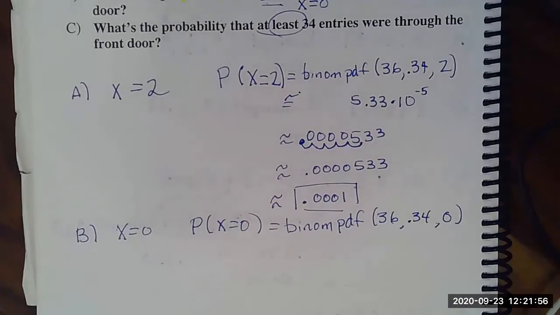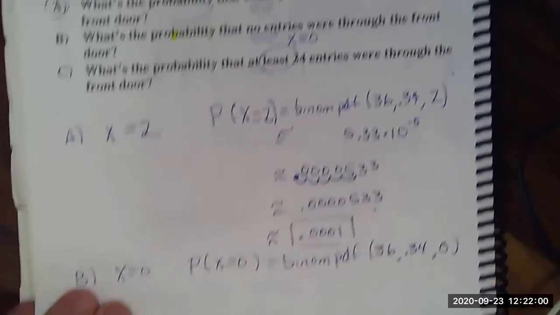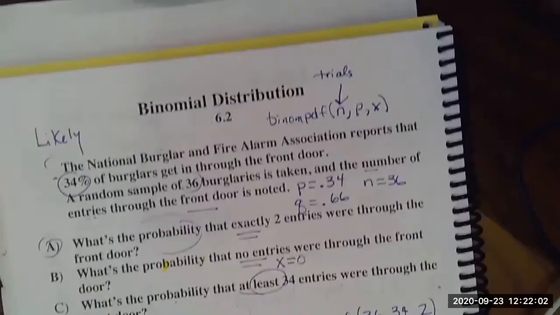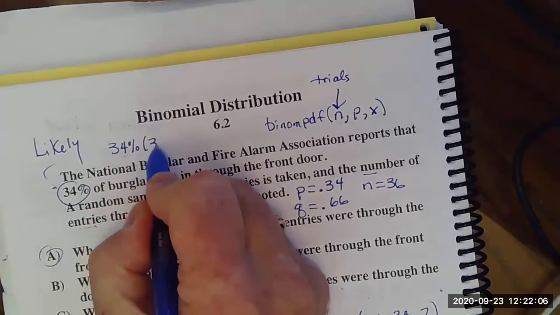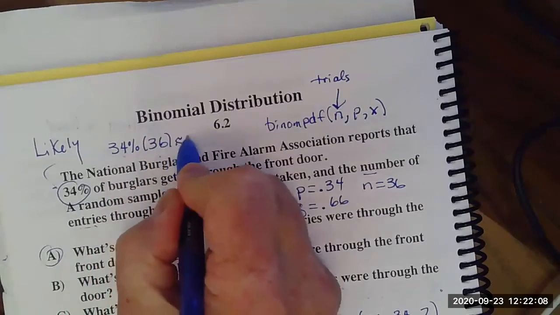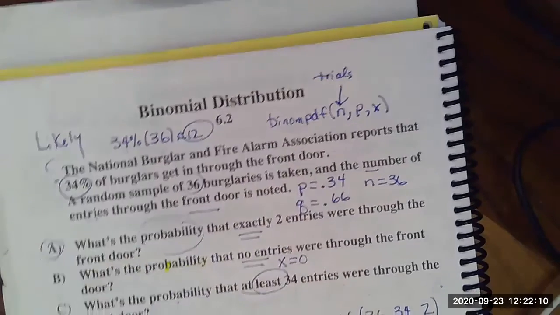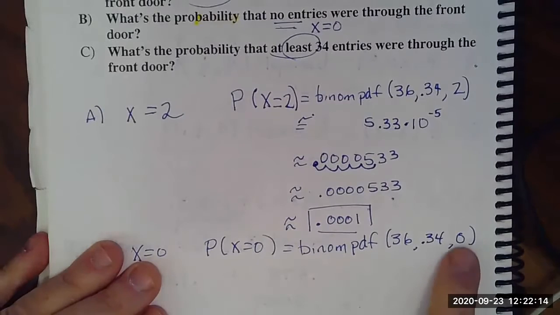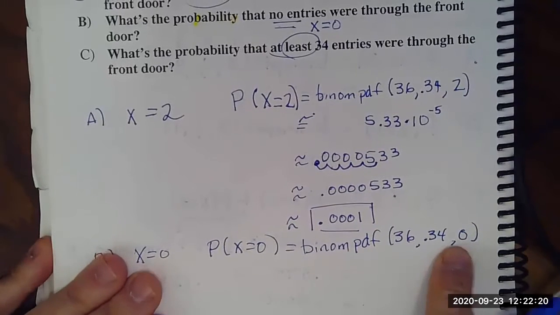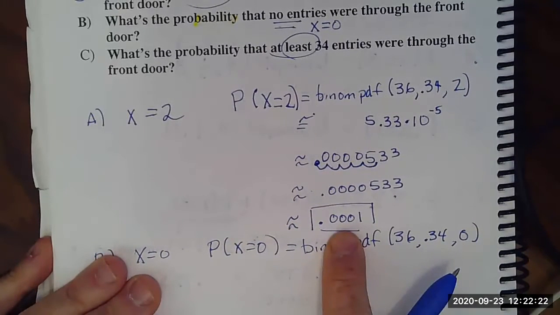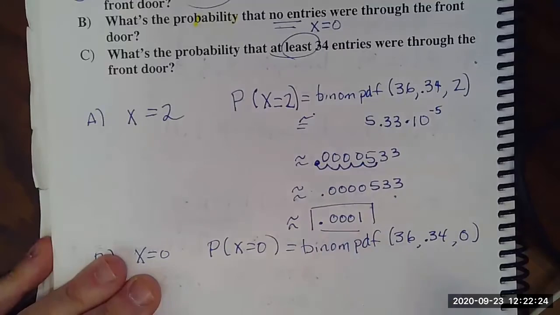For the same reason, the likely number up here, 34% of 36 is around 12. It's highly unlikely that it's going to be exactly 0. So the probability should be even lower than that, to me. So we'll see what happens.